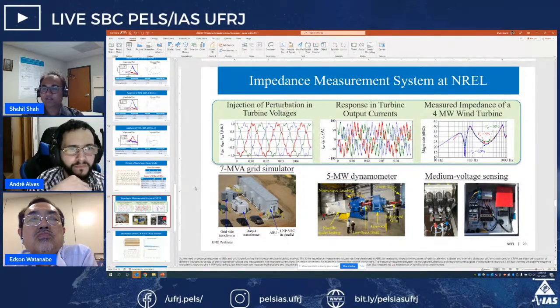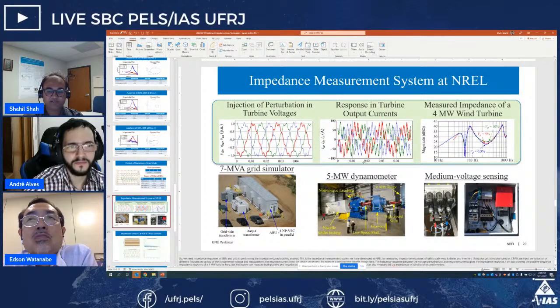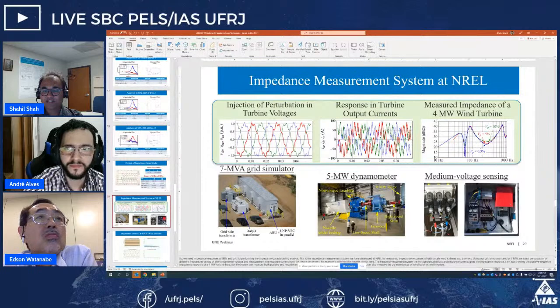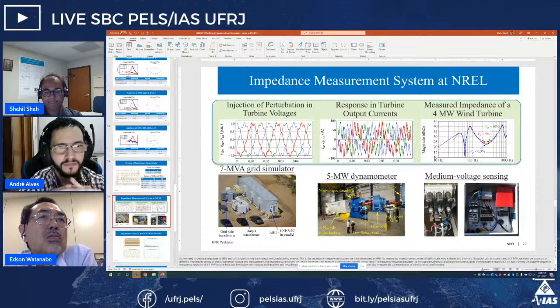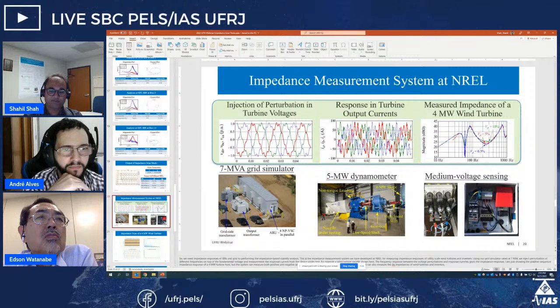Probably you're talking about how we can shape this impedance response at different frequencies to make sure that all the oscillation modes in the system are sufficiently damped. So it's a combination of control and hardware solutions. For example, the control bandwidths for most wind turbines or PV inverters are limited to a few hundred hertz, up to 200 to 300 hertz, because they operate at a switching frequency of a couple of kilohertz.